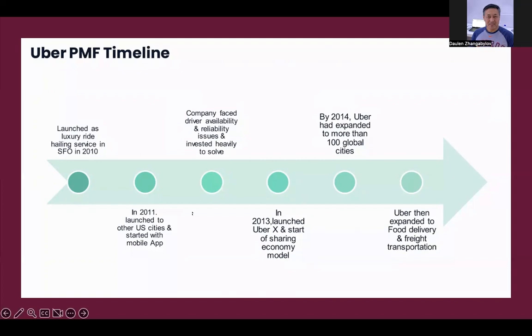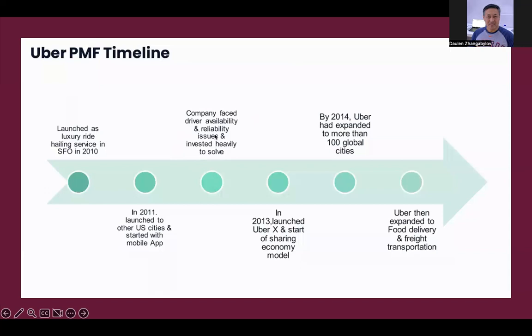So in 2011 they launched. They eventually moved to other US cities and started with a mobile app. That was a big breakthrough. And then they faced a problem with drivers. They had an issue with reliability.